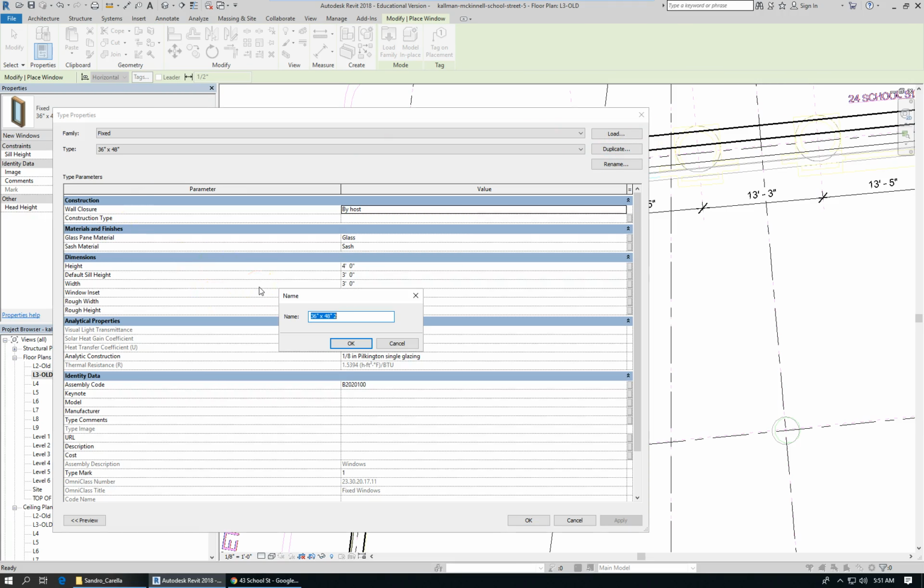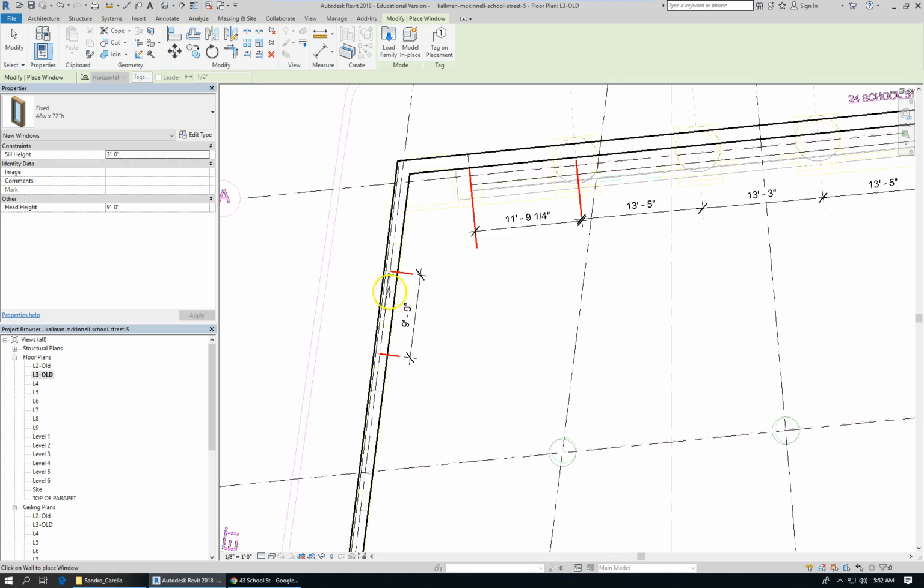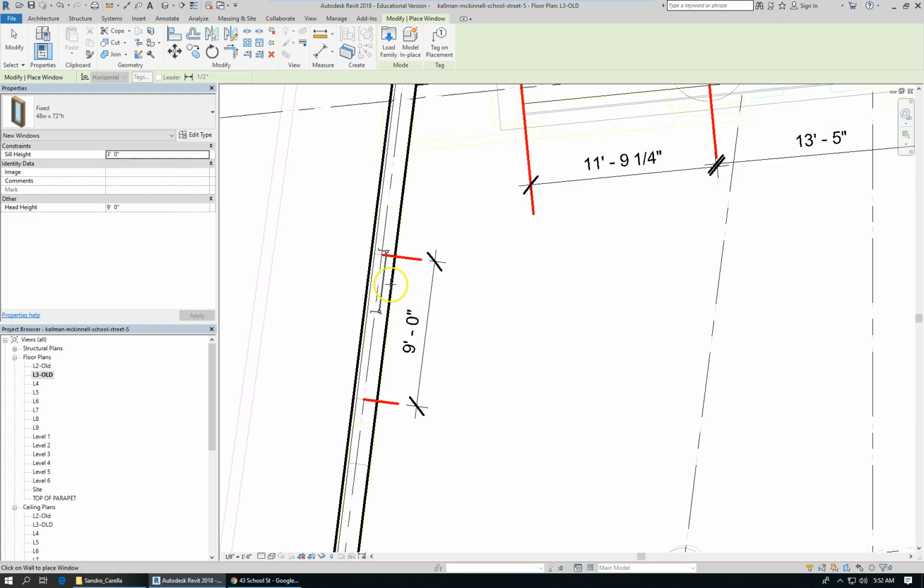So let's duplicate a window and make this one 48 wide by 72 height. So the height is 6 feet. The sill, we'll leave it 3. The width is going to be 4. And place it.